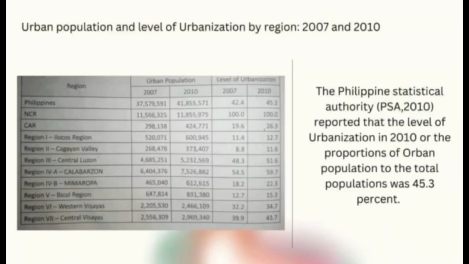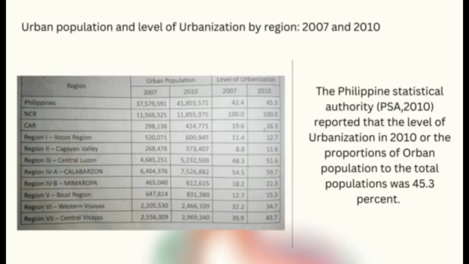Okay, the next is the urban population and level of urbanization by region, 2007 and 2010. This table shows us that the Philippine Statistics Authority, PSA, 2010, reported that the level of urbanization in 2010, or the proportion of urban population to the total population, was 45.3%.